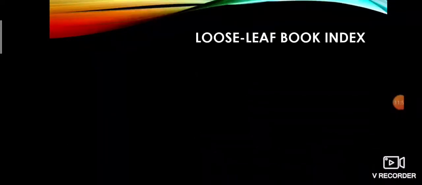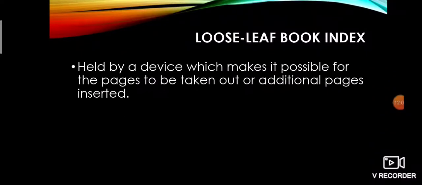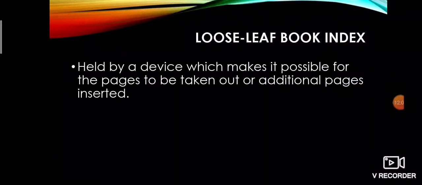Now, what about loose leaf index? Loose leaf book index is held by a device which makes it possible for the pages to be taken out or additional pages inserted. As compared to book index, naka-hardbound na kasi ito, so there's no possibility of you taking out the pages kung book index ang gamit.